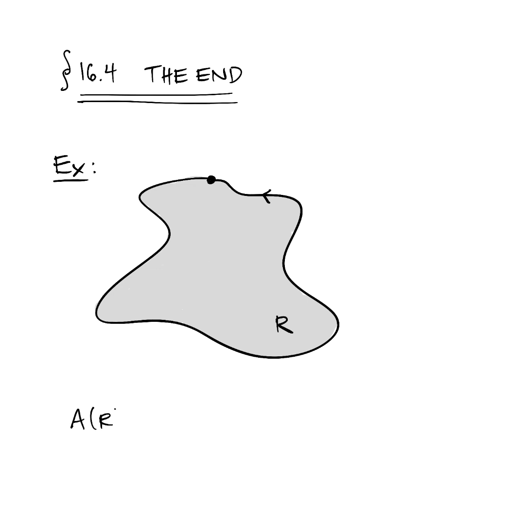So we're looking for the area of the region R. And we know in a chapter 15 way, in principle, it's the double integral over R of 1 dA. But we really don't want to do that double integral. That looks terrible.